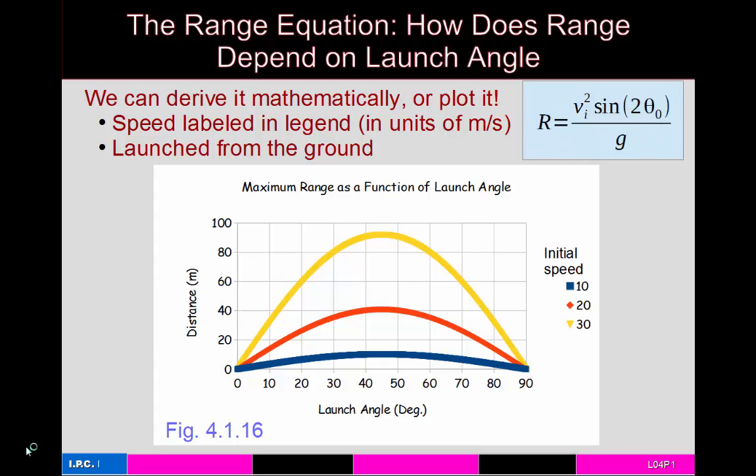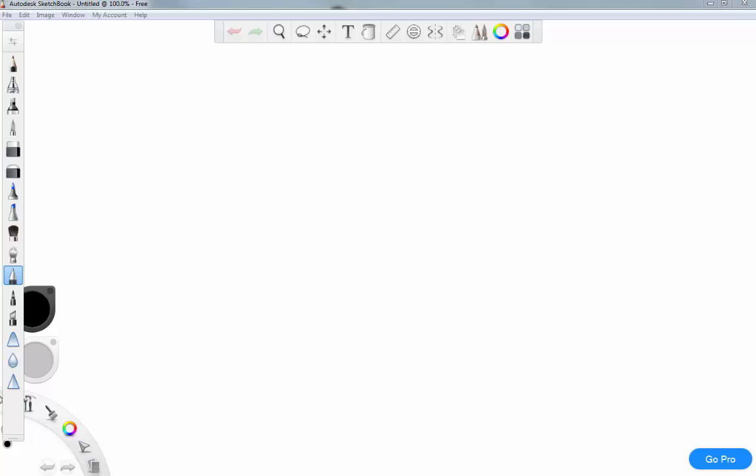So in order to obtain that range equation, by the way, what you do is you begin with your kinematics equation. So for example, y final is 1/2 of the gravitational acceleration times the time squared, and that's downward, plus the initial velocity in the y direction times the time, plus the initial position, which we'll take to be 0.